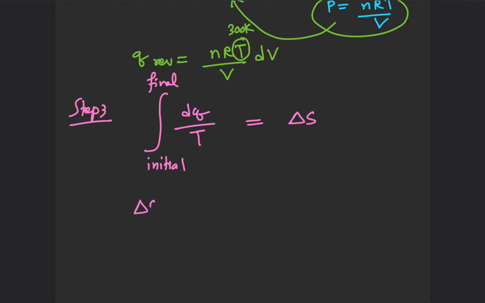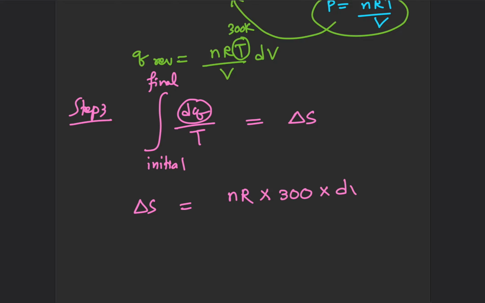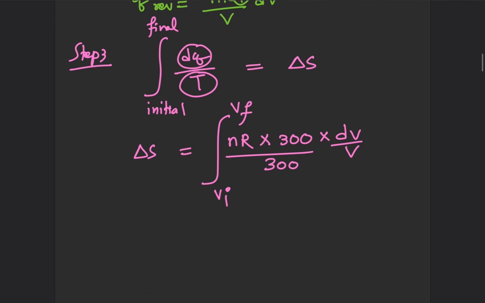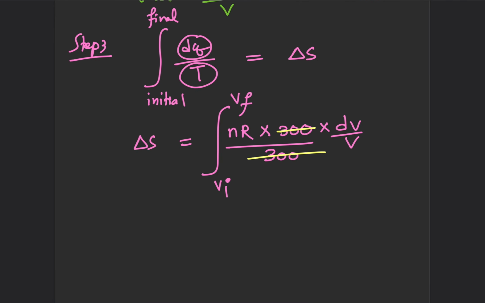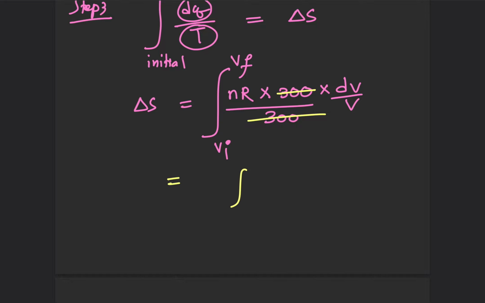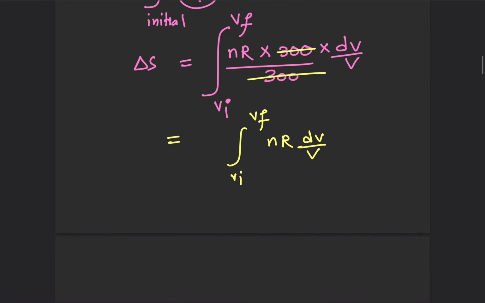Therefore delta S will be equal to, we know what dq is, that is nR into 300 into dV by V, and the temperature at which we do the expansion is 300, so divided by the temperature, and integration from V initial to V final. Therefore this gets cancelled, so we are left with integration of nR dV by V from Vi to Vf.